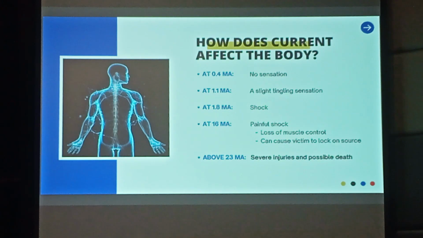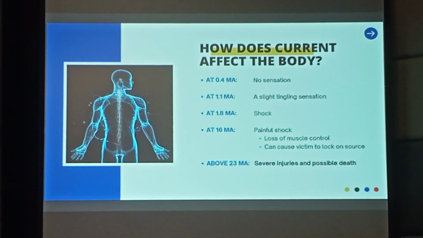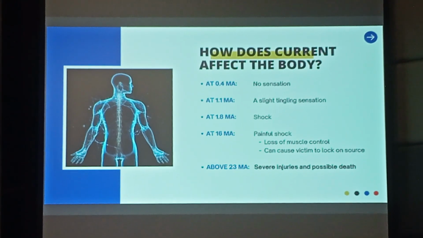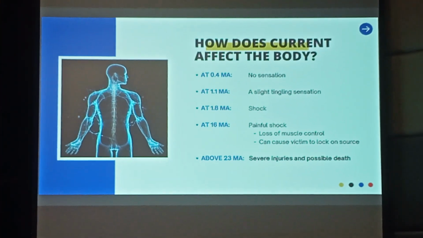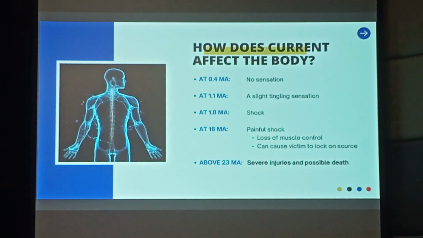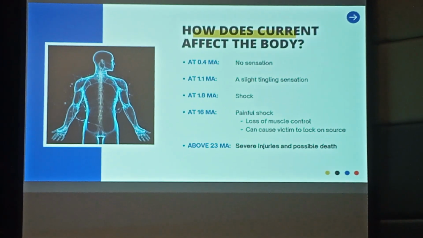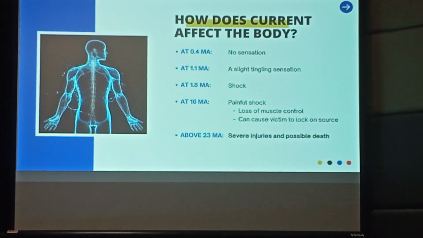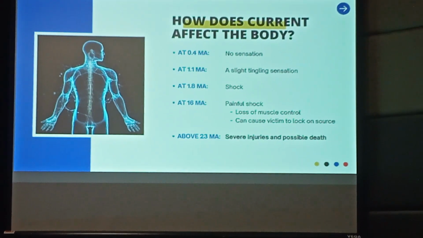So we learned this earlier. At milliamperes, there are different effects on our bodies. At above 16 milliamperes, in decimal places, that is 0.016 amps. That's how little current is needed to receive a painful shock.